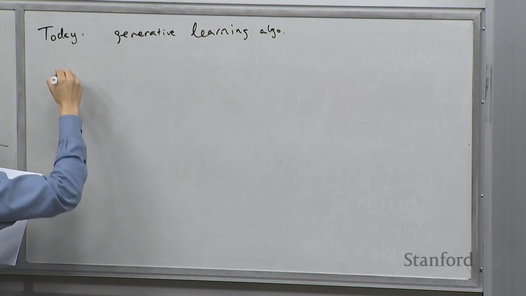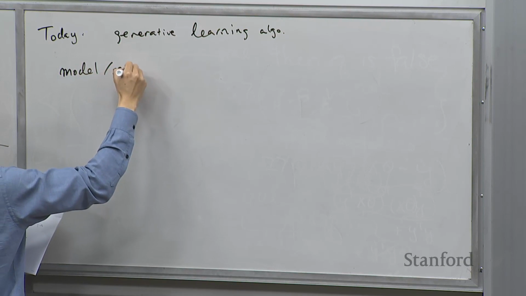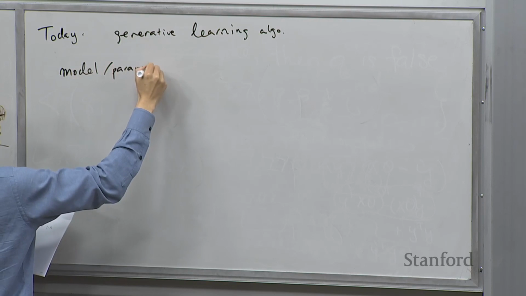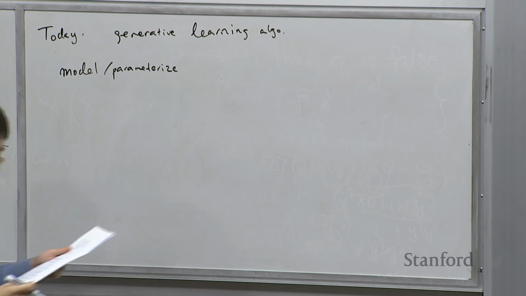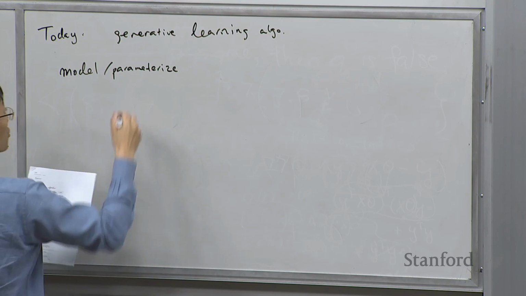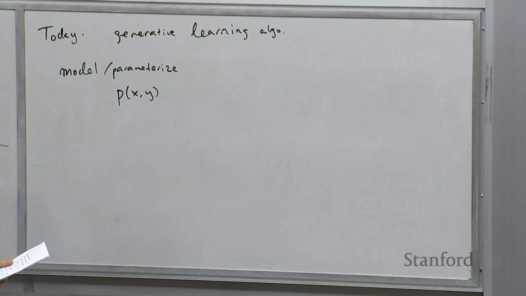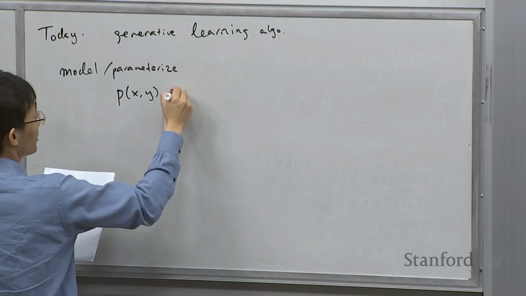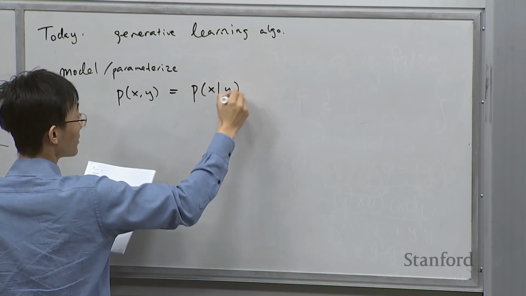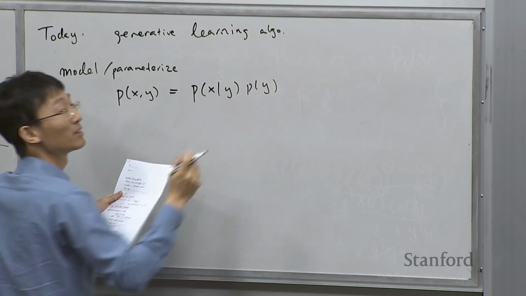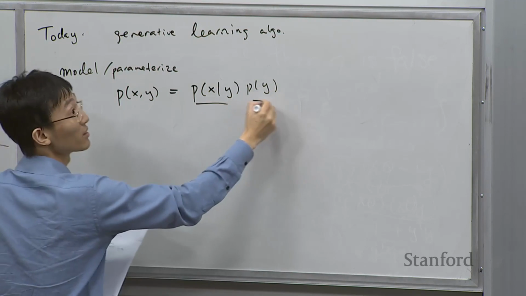The basic idea is that you are going to model, or parameterize, the joint distribution P of x, comma y. Using the simple chain rule, you can write this as P of x given y times P of y. So you model both of these 2 quantities.